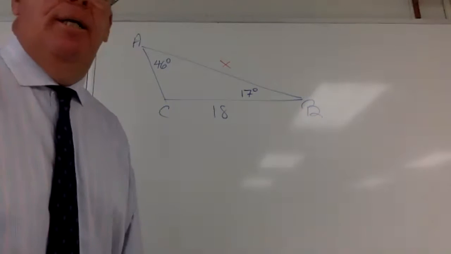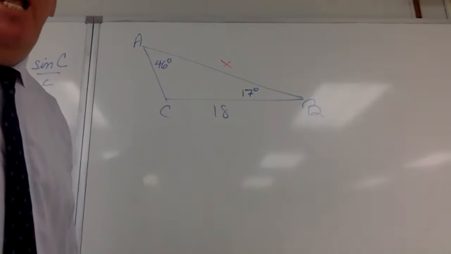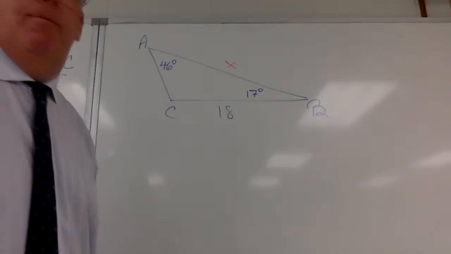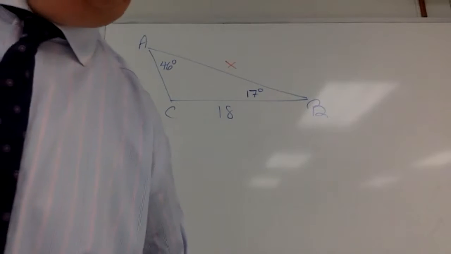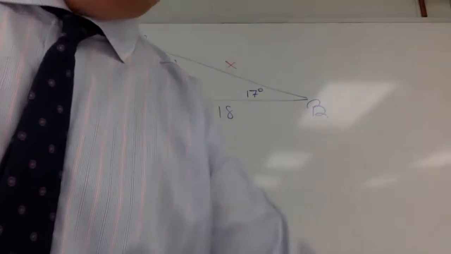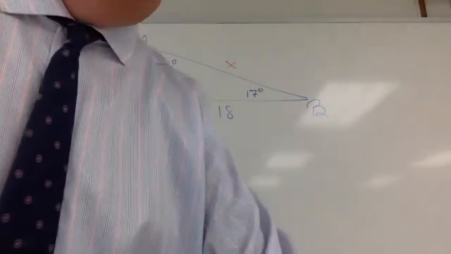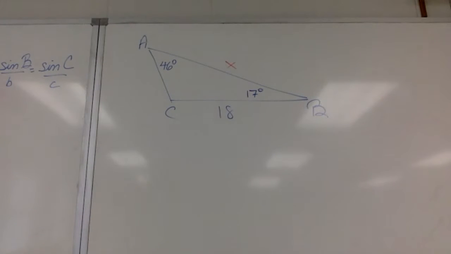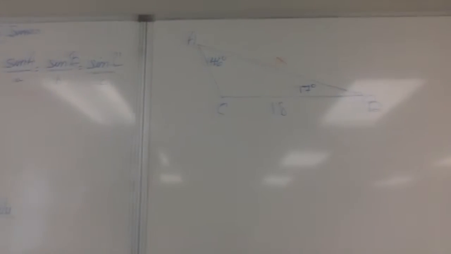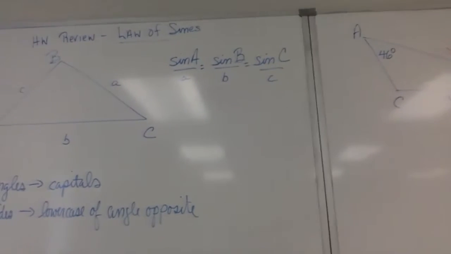Find x. How come I can't use the Pythagorean theorem? It's not a right triangle. Very good. If it's not a right triangle, you can't use the Pythagorean theorem, all right? So what am I going to do? Well, it's a triangle, so what do I know?